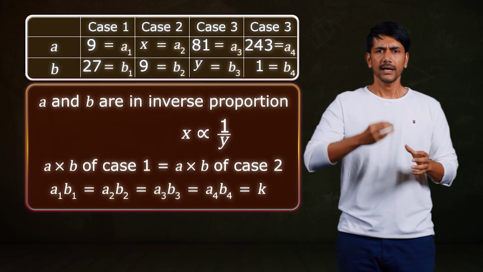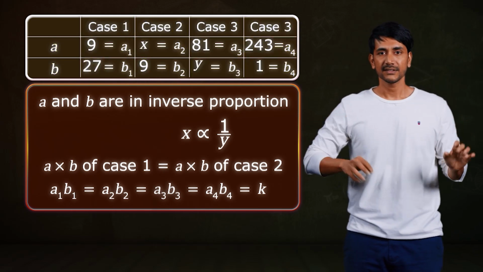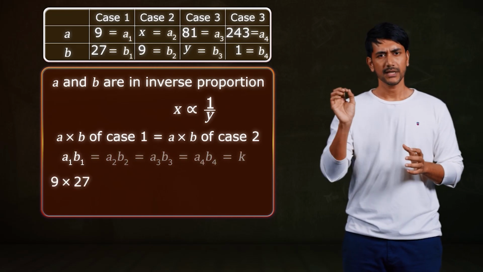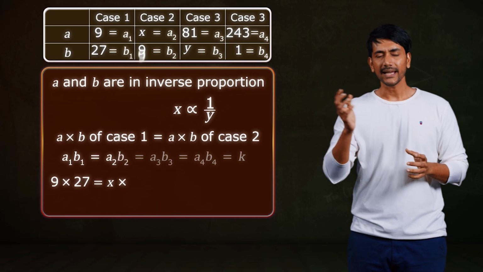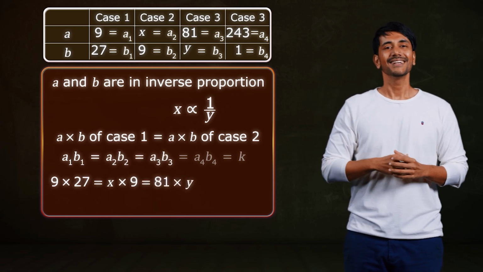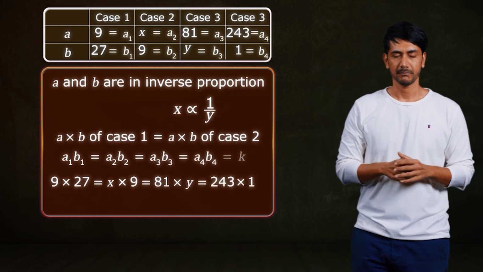From the table, if we substitute the values of A and B from all cases, we have 9 multiplied by 27 equal to x multiplied by 9 equal to 81 multiplied by y equal to 243 multiplied by 1.